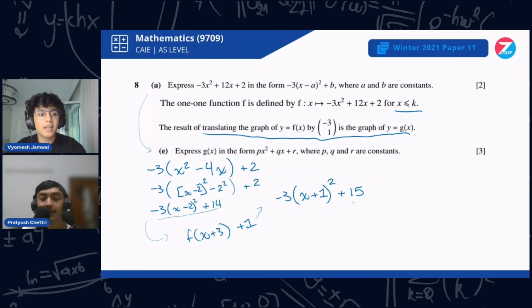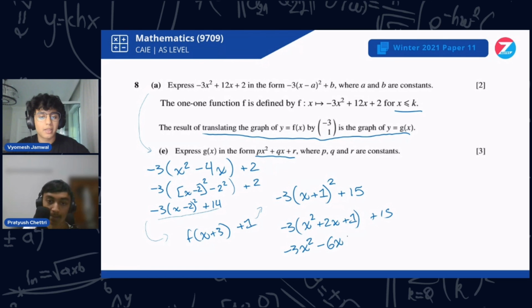And then again, it's asking us in a quadratic form, right? So we would just basically expand this. So it'd be negative 3 times x squared plus 2x plus 1, brackets close, plus 15. Expand that. So minus 3x squared minus 6x minus 3 plus 15.